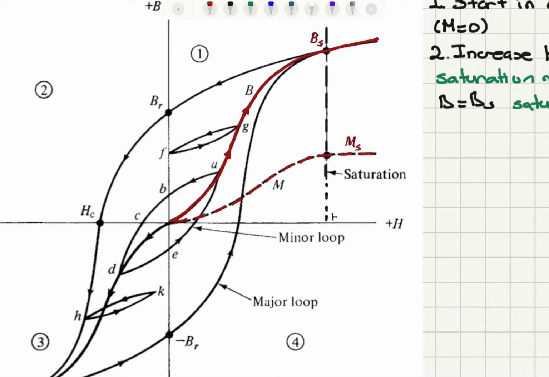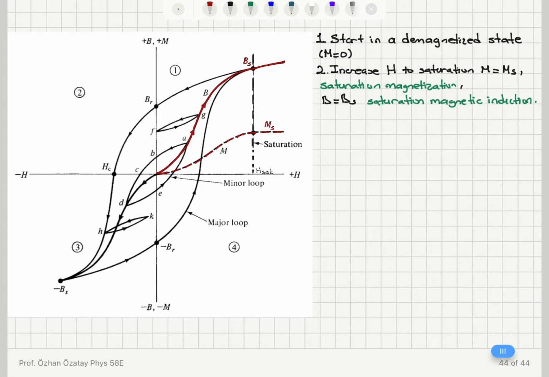Now this curve that this magnet is following, starting from the demagnetized state to the saturation, is called the normal induction curve.